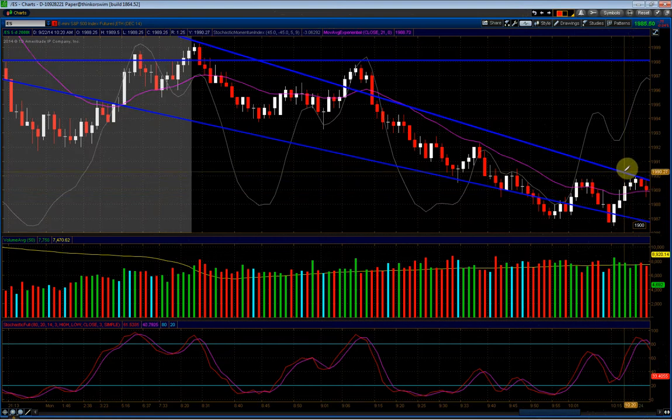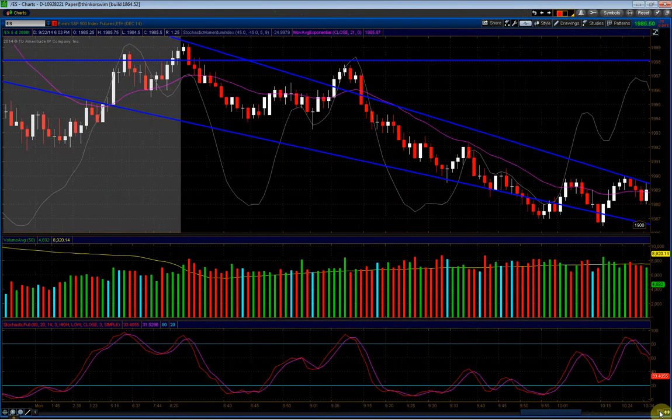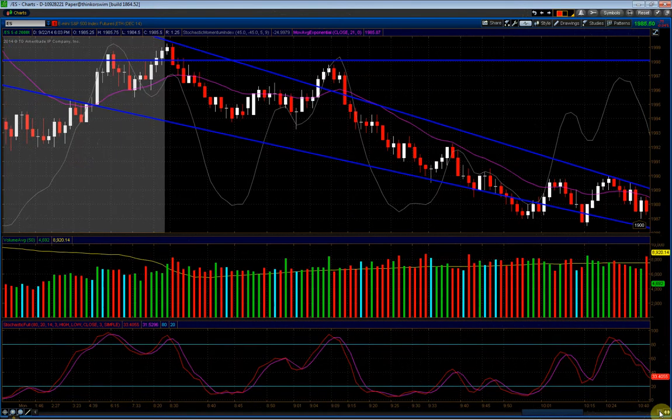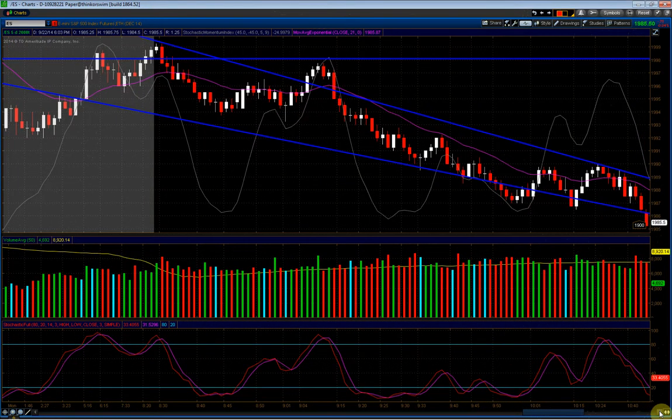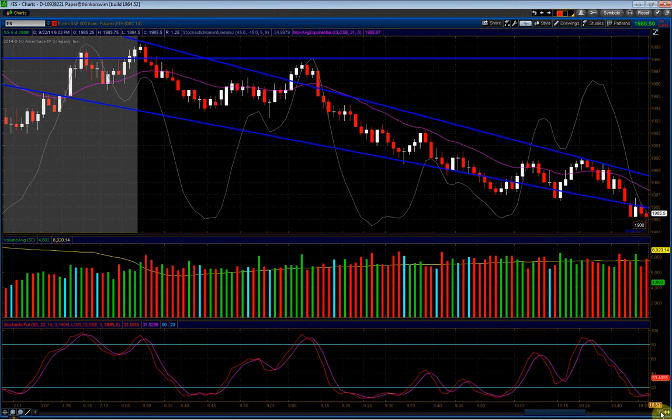We tested this line here, and now we're sitting on the 21 EMA. So if I'm going to take a trade here, it all depends how it reacts off this 21 EMA. And there we go. We broke away from it. So I would say we're confirmed to downtrend right now, but it's still so tight right now.